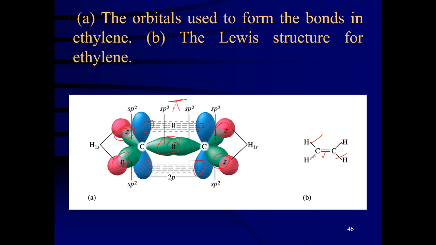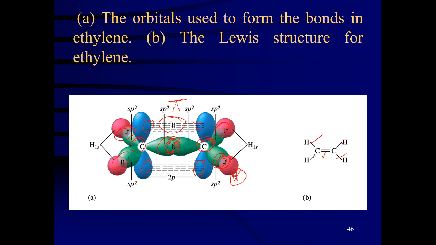Then you can see there are two electrons being shared here. Now remember, we said in an overlap of chemical bonding, the electron density is in between the two atoms. So this is a carbon atom and this is a carbon atom, and the electrons are between the carbon atoms. Then this is a carbon atom and this is a hydrogen atom, and the electrons are between the hydrogen and the carbon.